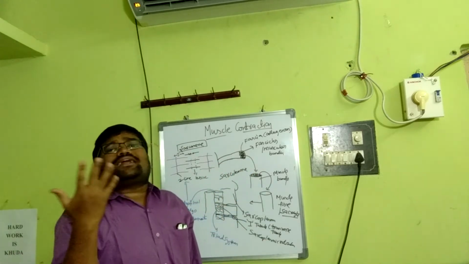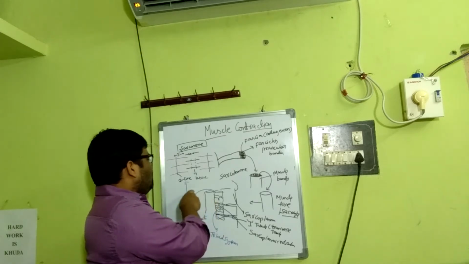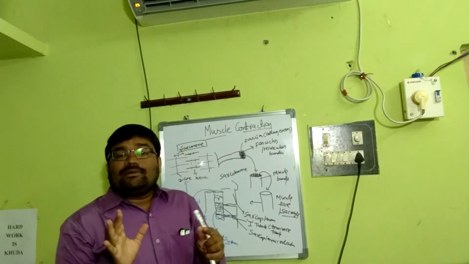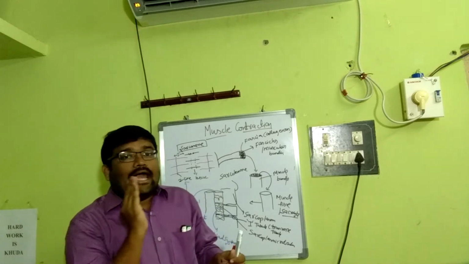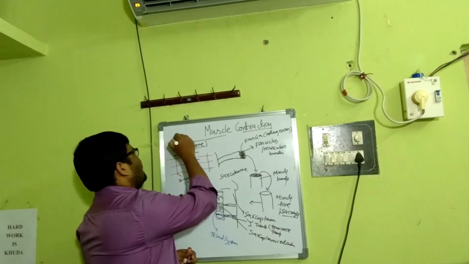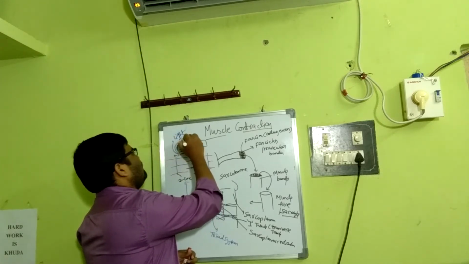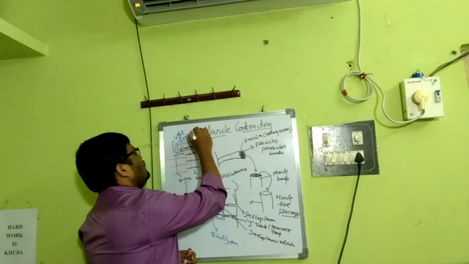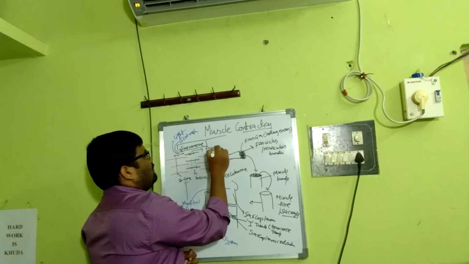What are the components present in the myofibril? When we examine it, it consists of alternate light and dark bands. The light bands are called I bands, where I means isotropic. The dark bands are called A bands, anisotropic.